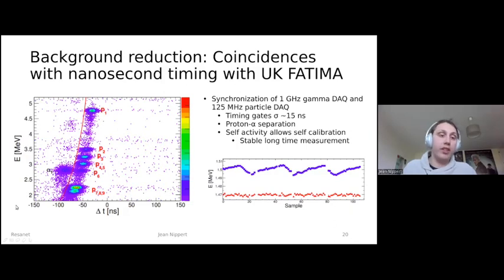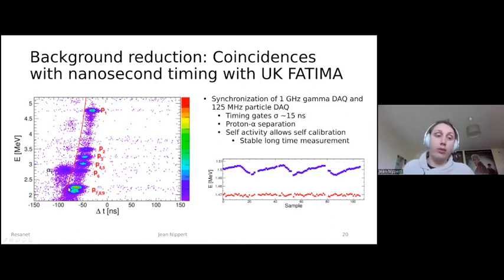So this is the energy versus the time difference between the measure of the gamma and the charged particle. Here you can see, for example, P1 signals, and you can see that the gate of this signal is basically 15 nanoseconds. And why is it so important?